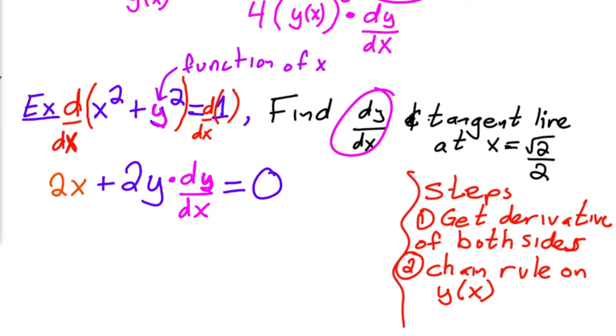Okay, so then on the right side, the derivative of the constant 1 is just 0. Then if I'm trying to solve for dy over dx, I'll move the 2x over. So I get dy over dx is equal to negative 2x, and then I'll divide both sides by 2y.